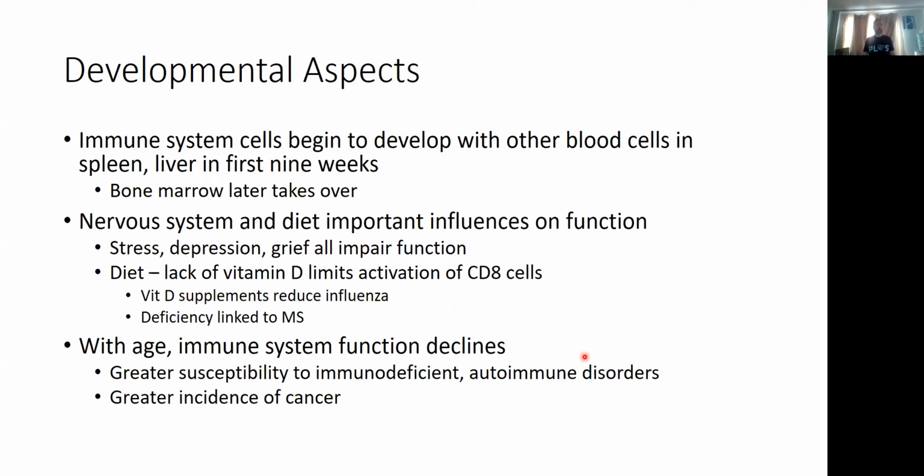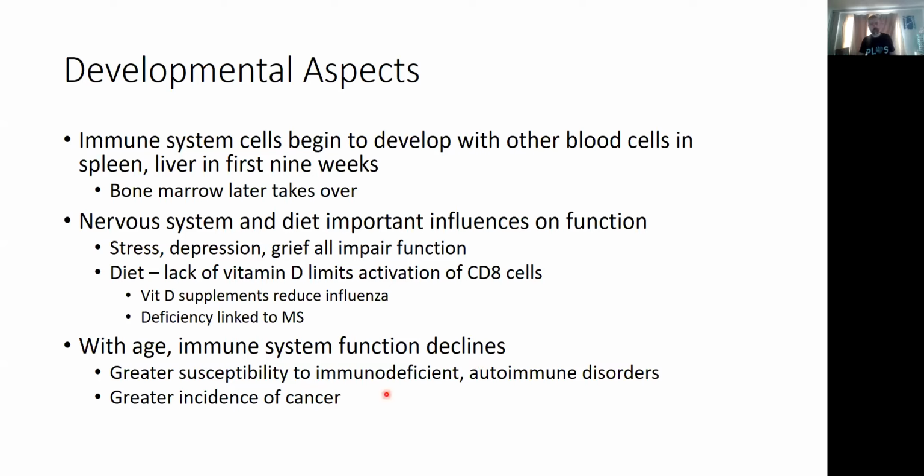All right, final thing here, developmentally, immune system cells begin to develop as all blood cells do, first in the spleen and also in the liver, within that first 9-week period until bone marrow takes over a little bit later on. As you get old, your immune system function declines, for a variety of reasons, your thymus getting smaller, a handful of other things.